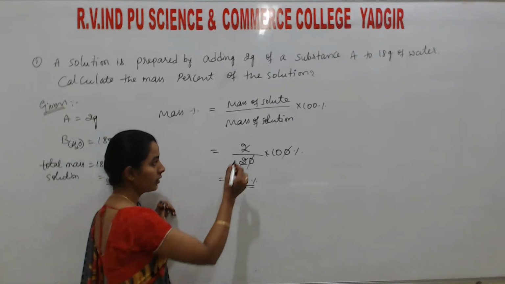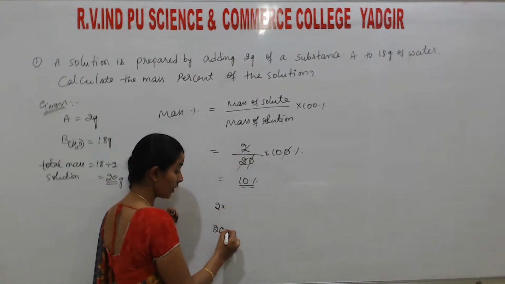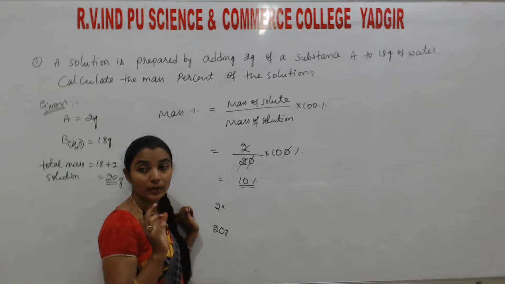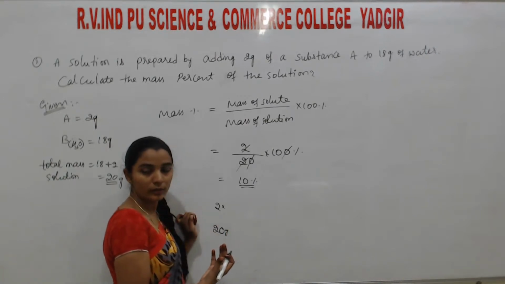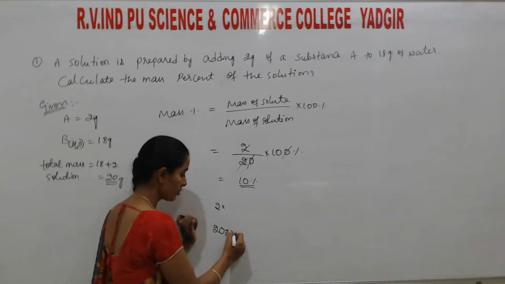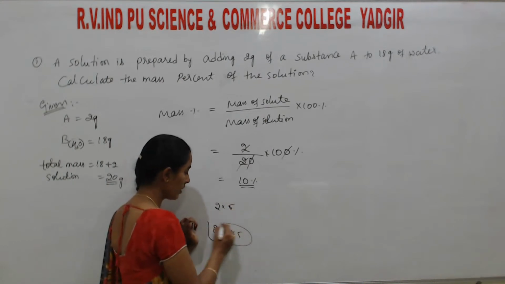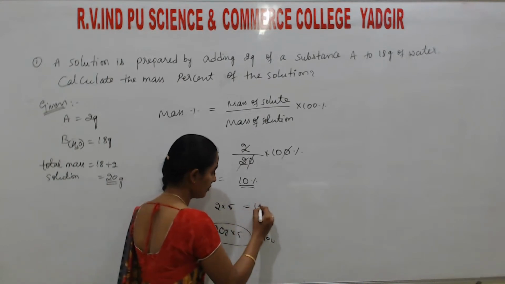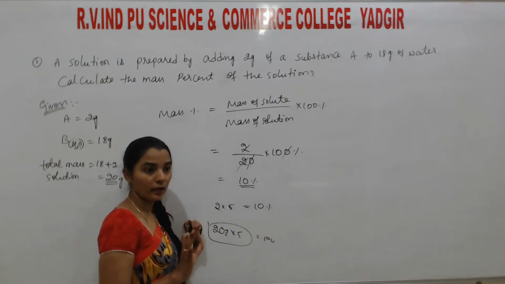Understood? So listen here. Here 2 is there, 20 is there. 20 grams is given. We have to compare it with 100 grams. 20, how many times do we have to multiply to get 100? 5 times. So this is also multiplied by 5. If this becomes 100, then this becomes 10.